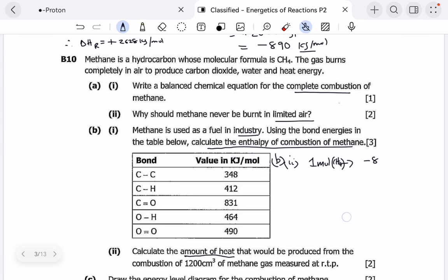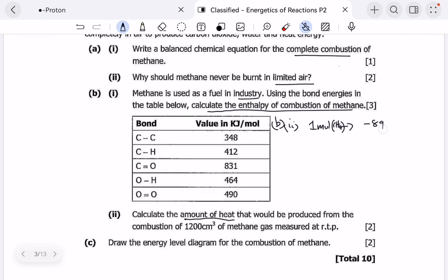What did we calculate? Negative 890 kilojoules that was produced per mole. That's the amount of energy that was produced.